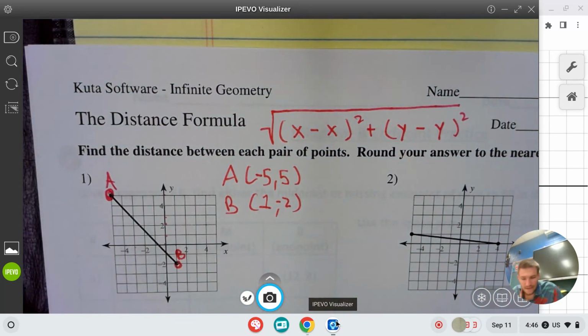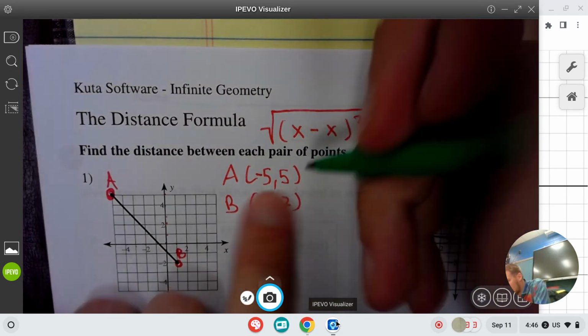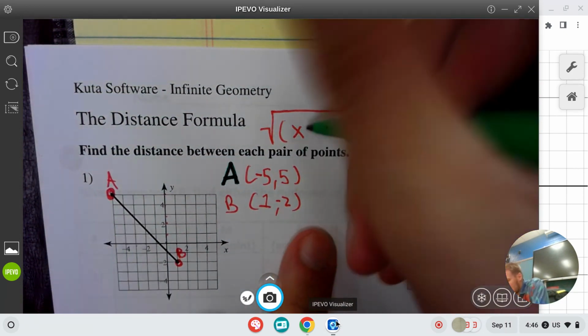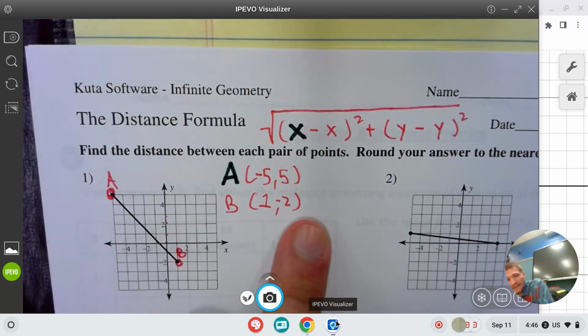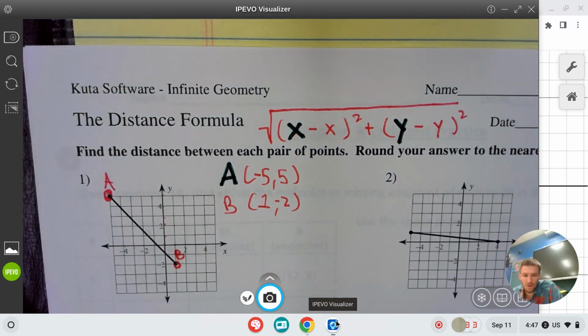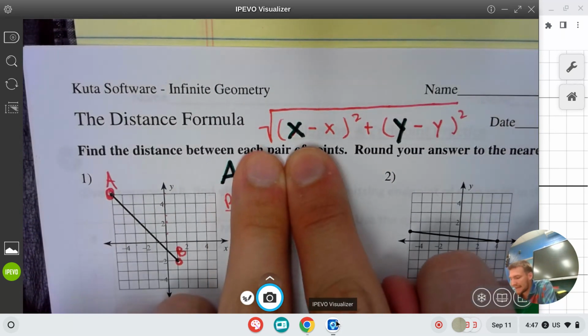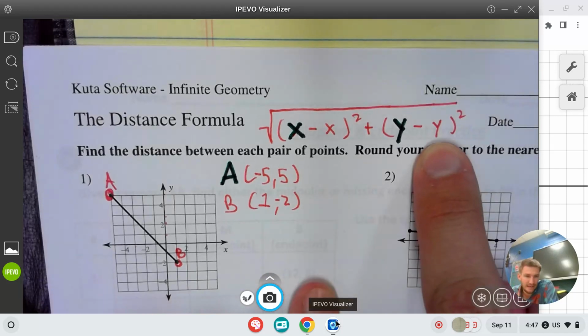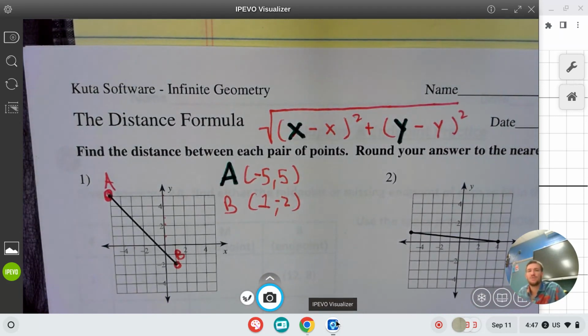The only thing you have to make sure you're getting right is that if you decide that A is going to go first, then the A x value needs to be first, and the A y value needs to be first. You can't put the A x value first and then the A y value second. That would be a mistake. So just make sure that you organize yourself accordingly, and once you do that, the question solves itself.